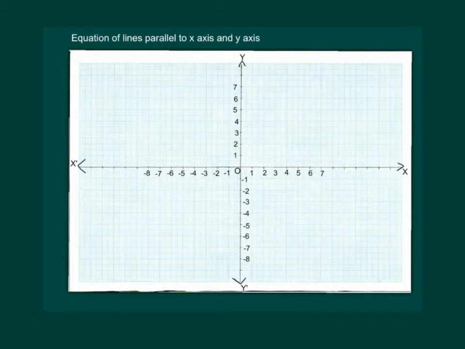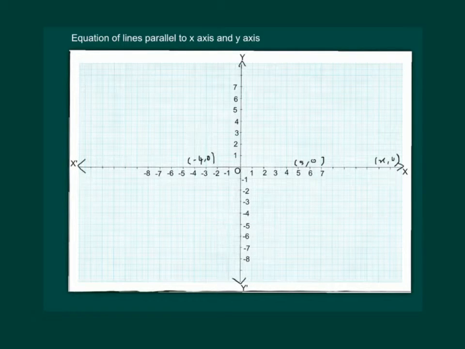Let us see what will be the equation of a line which is parallel to the x-axis. But before that, let us see what is the equation of the x-axis. We know that coordinates of the point on the x-axis are of the form 5, 0 or -4, 0 or in general x and 0.